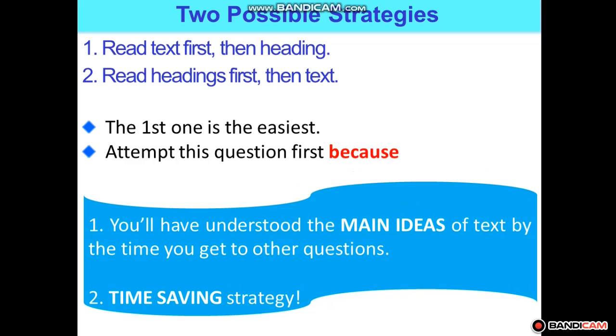And second, it is a time saving strategy, because if you know the main idea of the whole text, then it becomes quite easy for you to approach the rest of the questions based on the same text.